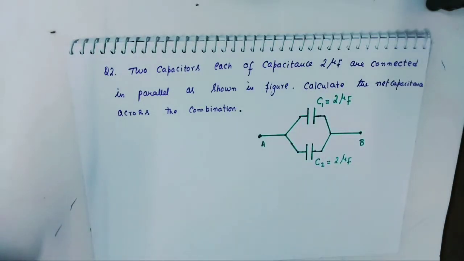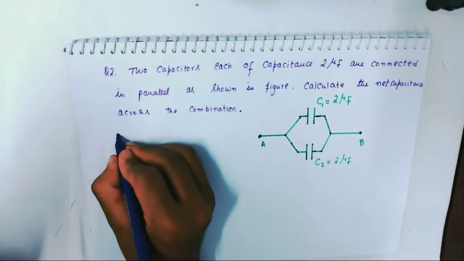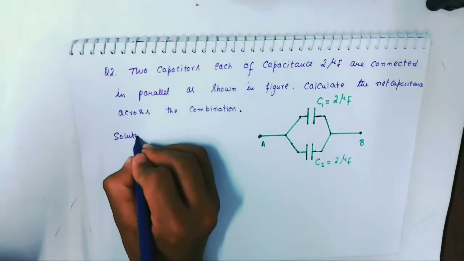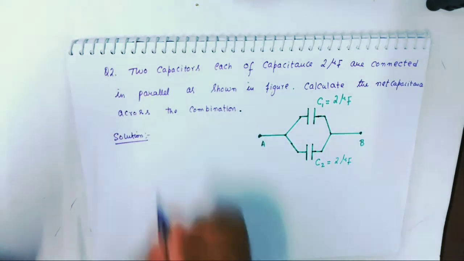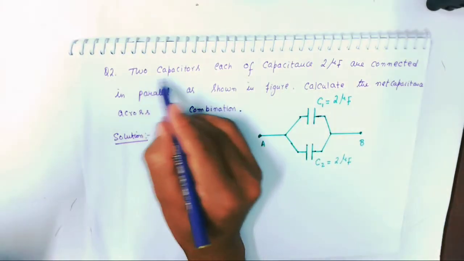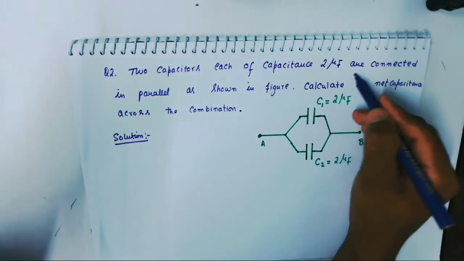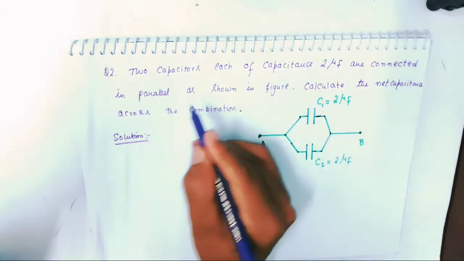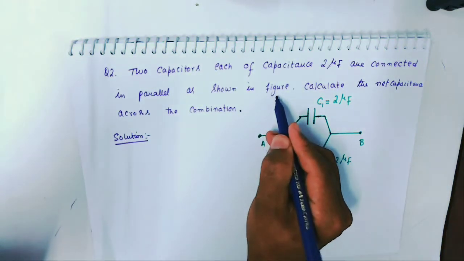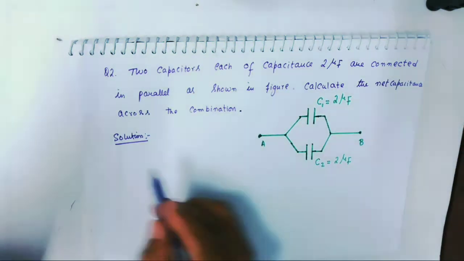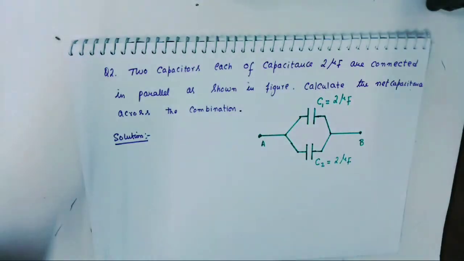So now we will solve these numerical problems. The question says, two capacitors, each of capacitance 2 microfarad, are connected in parallel as shown in figure. Calculate the net capacitance across the combination.